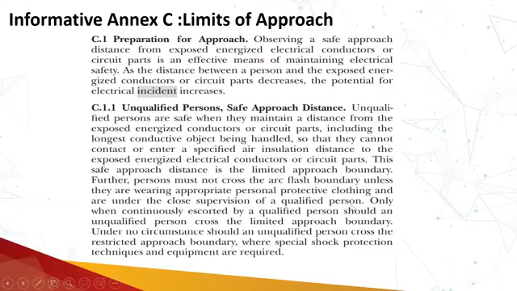Here it does not say that an unqualified person can perform work within the arc flash boundary. That is not allowed. An unqualified person cannot perform work within the limited approach boundary, and he cannot perform work within the arc flash boundary as well. Only the crossing of those arc flash boundary and limited approach boundary is allowed under supervision.